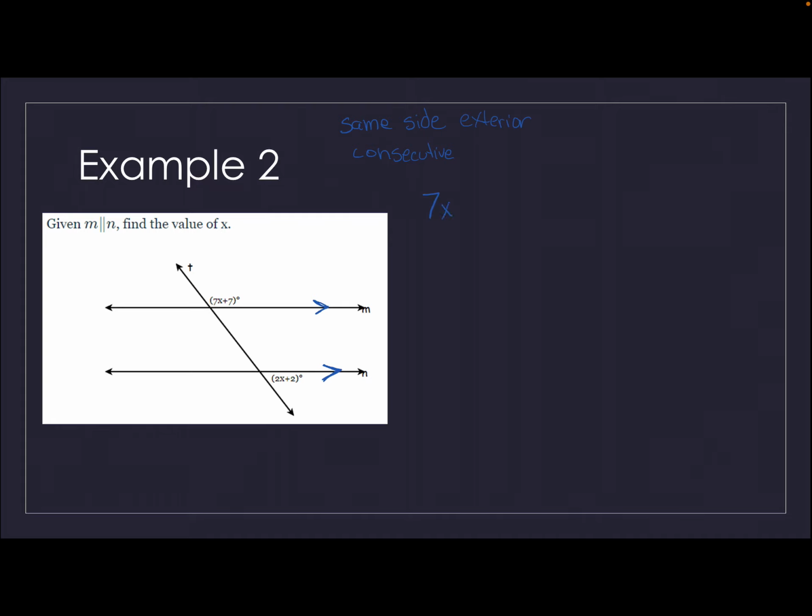So our equation is 7x plus 7 plus 2x plus 2 equals 180 degrees. So we get 9x plus 9 equals 180. And then we subtract 9 from both sides. And we get 9x equals 171.